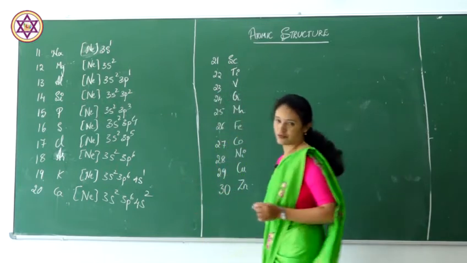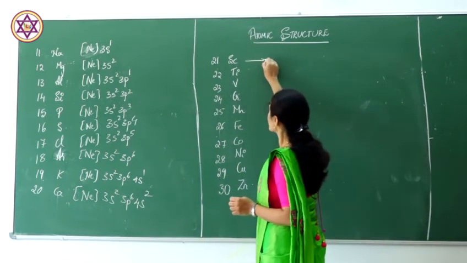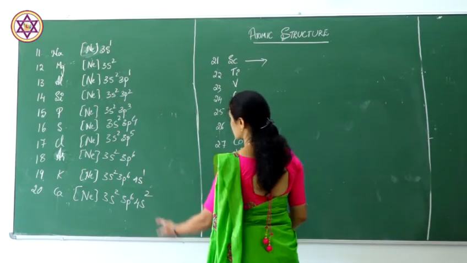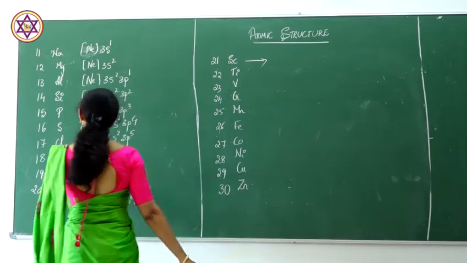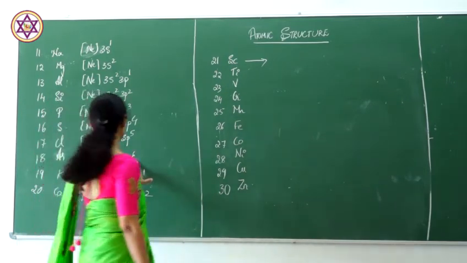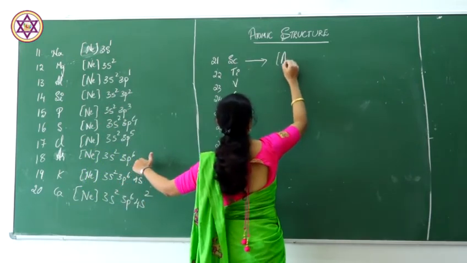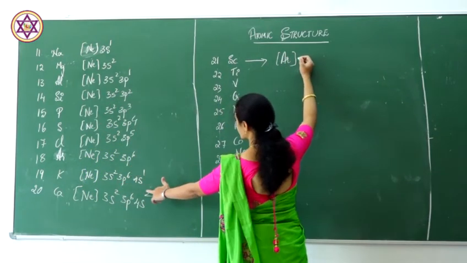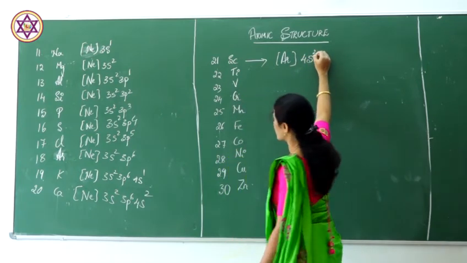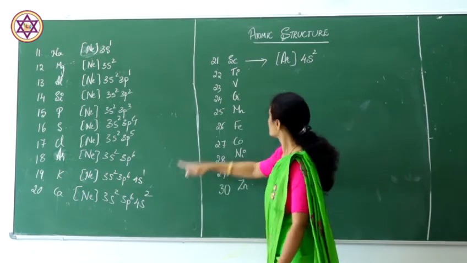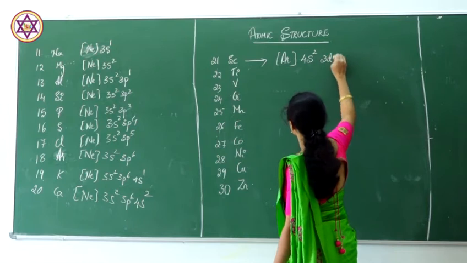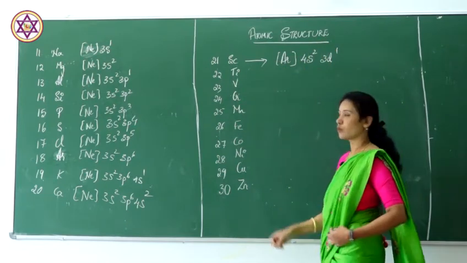Up to 30 I have written here. For scandium, how will you write it? I can take argon, which is completely filled up to 3p6. Argon, then comes 4s2, that is 20. Next after 4s is 3d1.